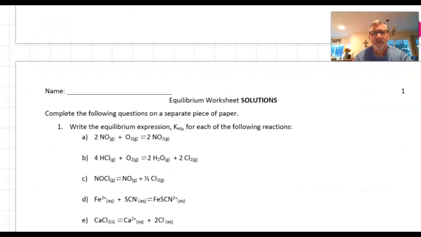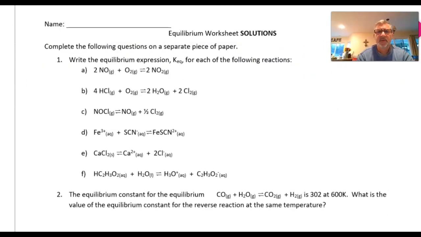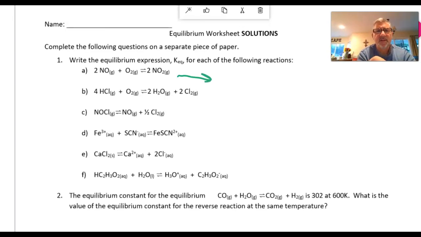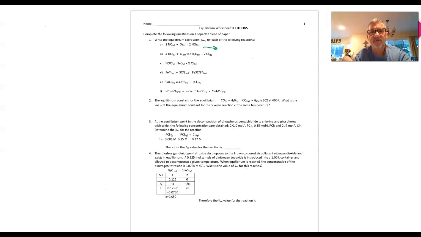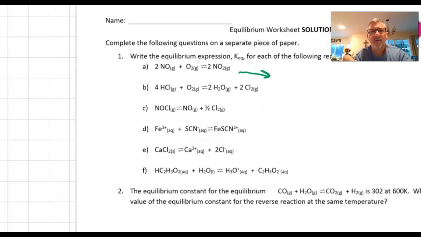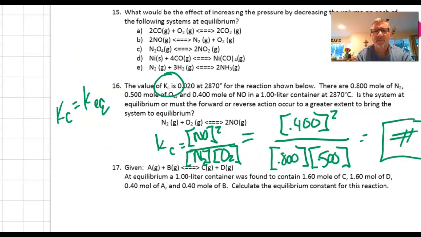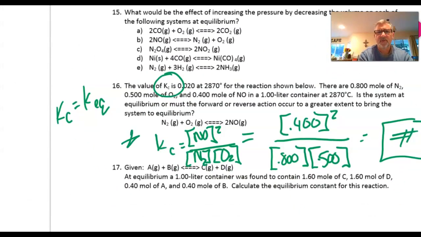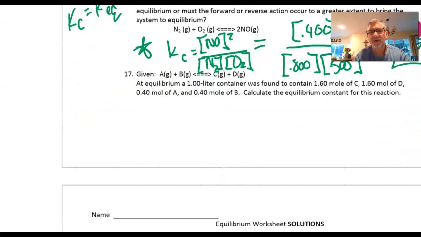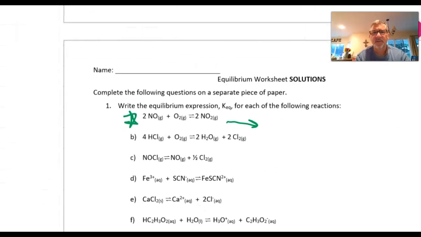Alright, if you come down to the next worksheet, it's the same thing we just did. Remember Keq is the same as Kc. It just tells you to fill it out. This one right here is exactly the same one we did earlier. So if you know how to do that, that's all it's going to ask you.